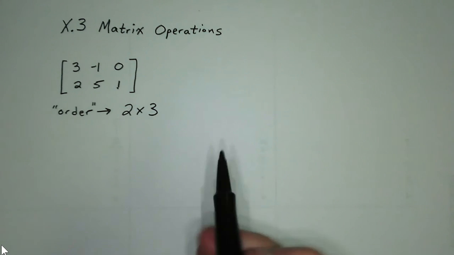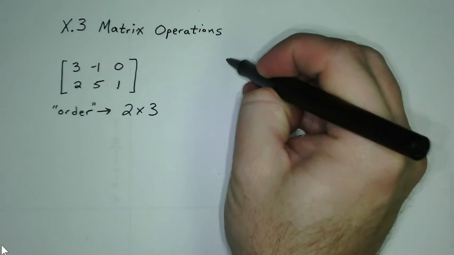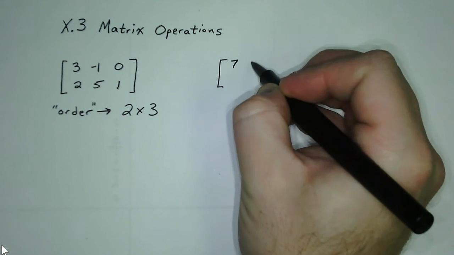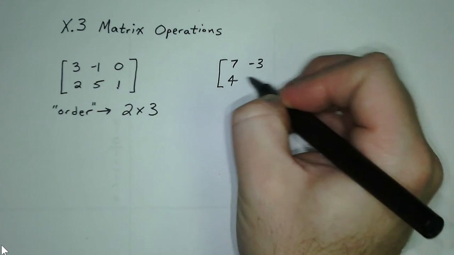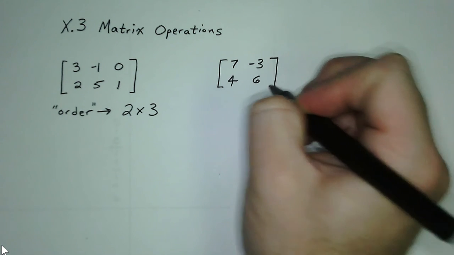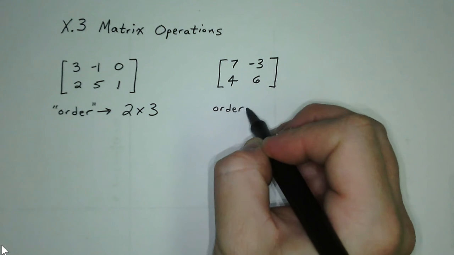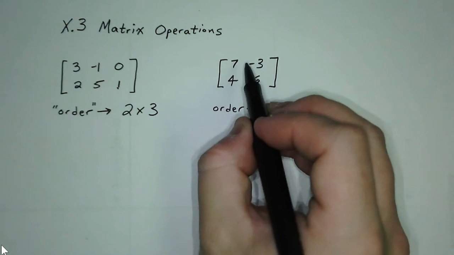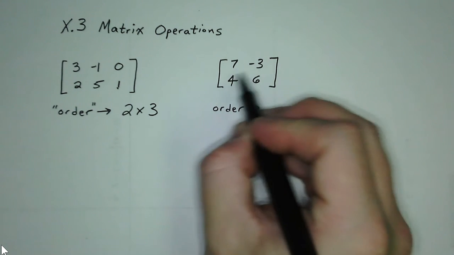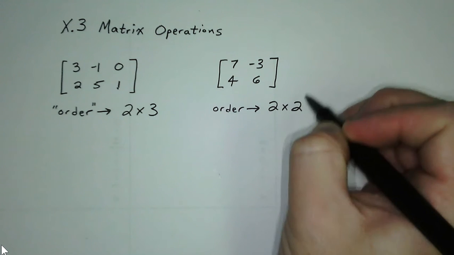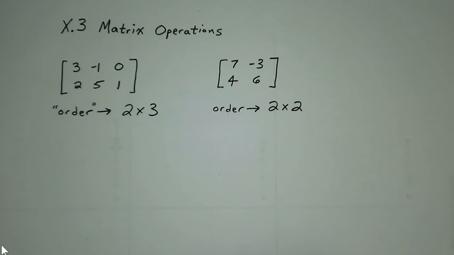This is a 2 by 3 matrix. So over here, this matrix, 7, -3, 4, and 6, what would be the order of this matrix? Well, since there's 2 rows and 2 columns, this would be a 2 by 2 matrix.